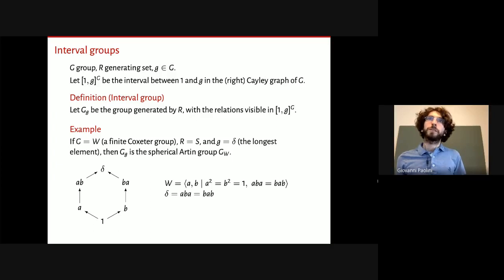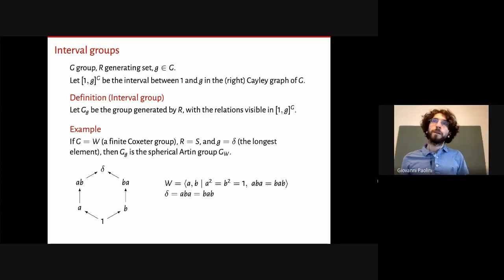g. You define it as the group generated by the same generating set, so just as a set, not as group elements. So we use basically the same letters, but we only keep some relations.